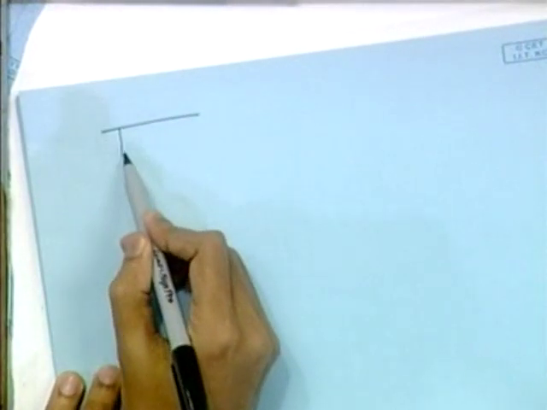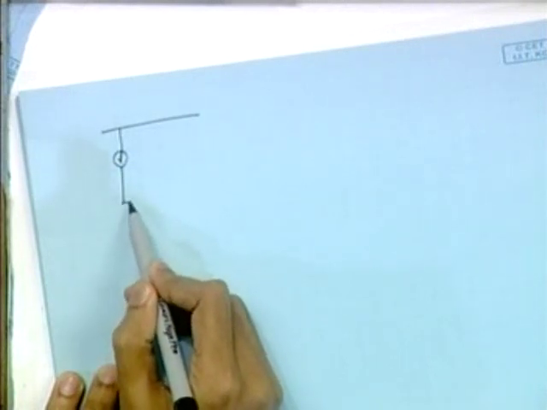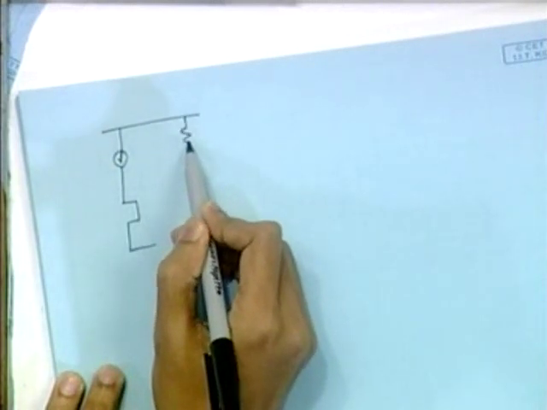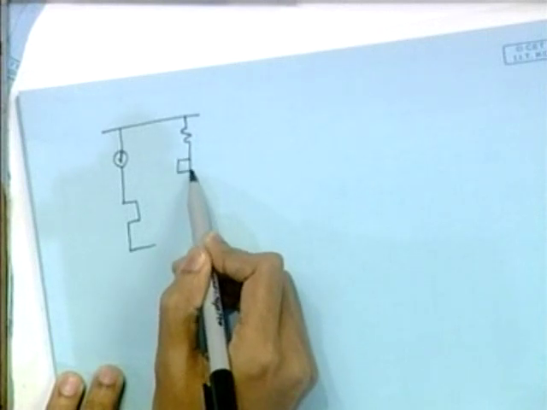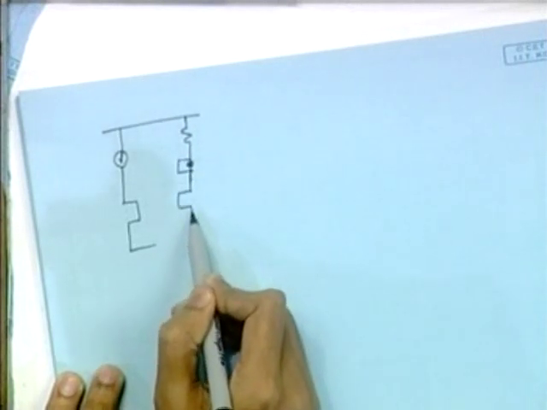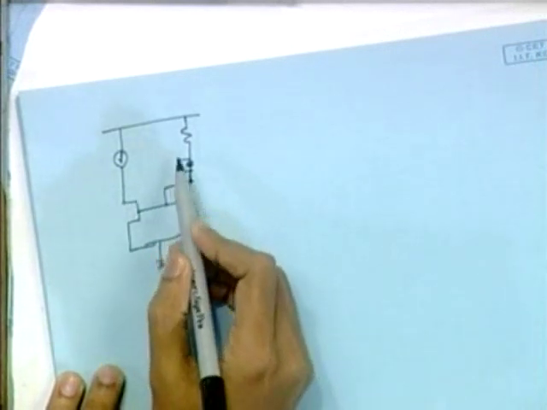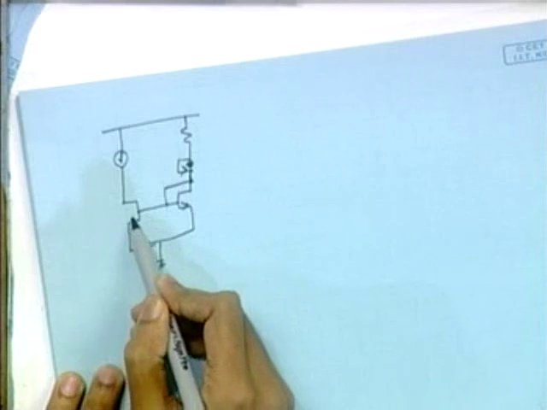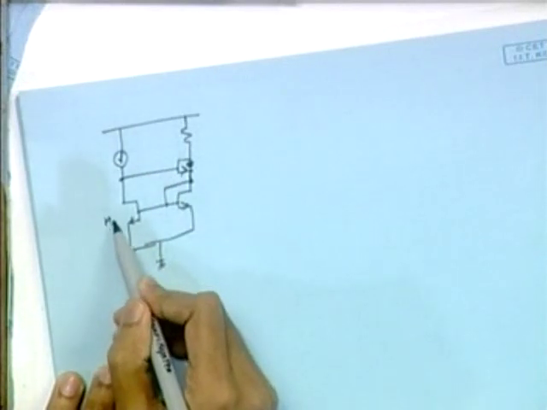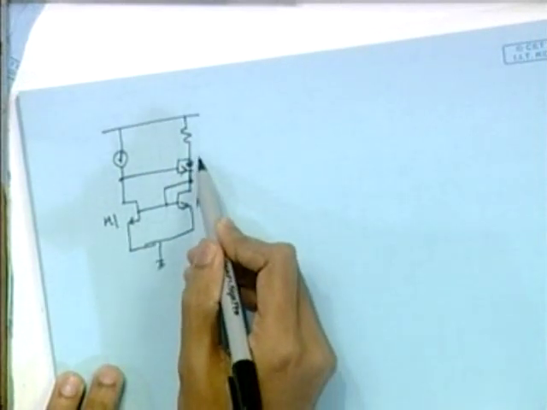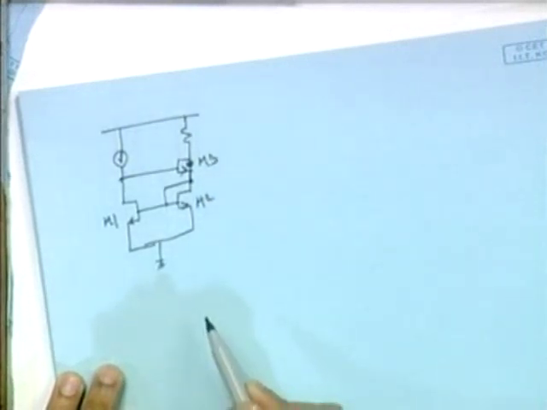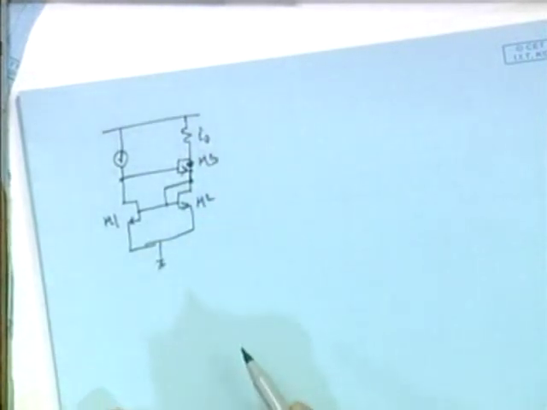And the second is the Wilson current mirror, which uses a circuit like that. This is our VREF. It is the I0.